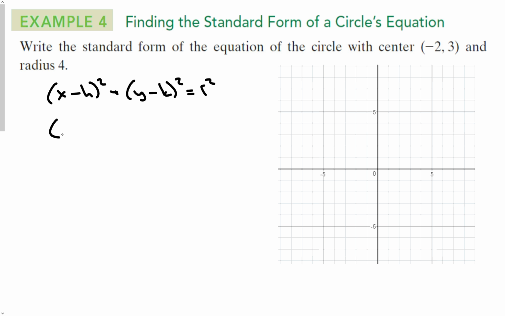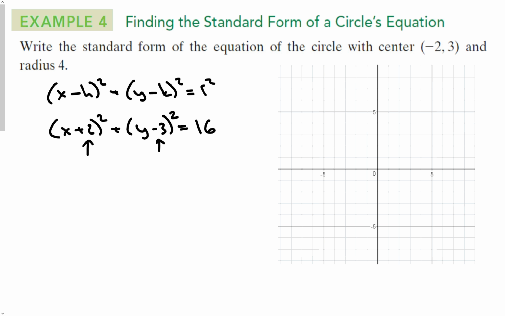So this is going to turn into (x − (−2))², which turns into a plus, (x + 2)², plus (y − 3)² is equal to 16, 4 squared. Notice here that the signs of the 2 numbers that are the center do change in this formula, because the formula has minuses in it and not a plus.